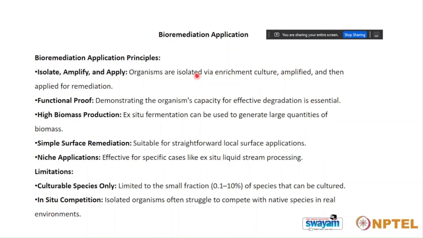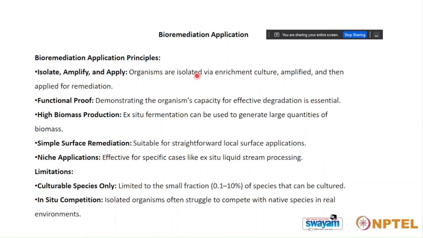And simple surface remediation, in the sense we can apply these processes on local surfaces also for directly cleaning up the contaminant. And niche applications, in the sense we can apply the microbes in the liquid stream directly. So this is how bioremediation processes are working.